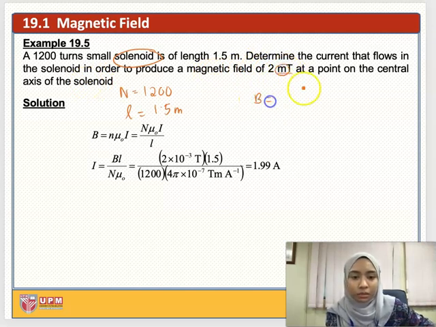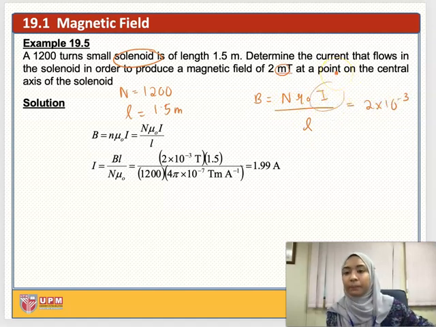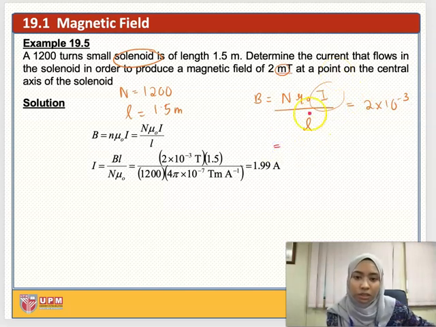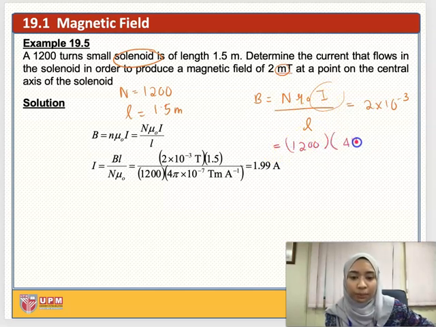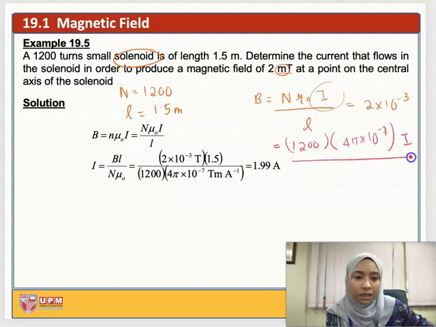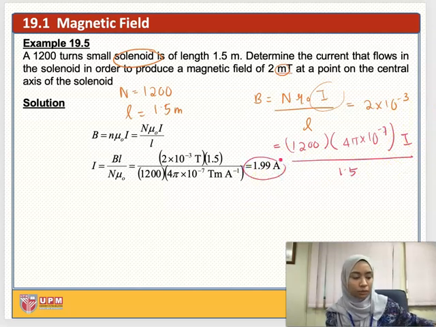So B equals N mu naught I over L, and this should be equal to 2 times 10 to the minus 3. It's asking, what is the I? So just substitute. If you get the right equation, it should be easy. 1200, mu naught is 4 pi times 10 to the minus 7. We don't know what the I is, and the length is 1.5. So just solve for I, and you should get this answer, 1.99 amperes.